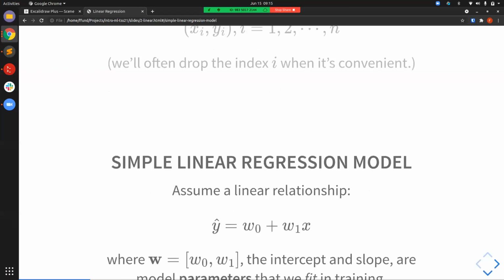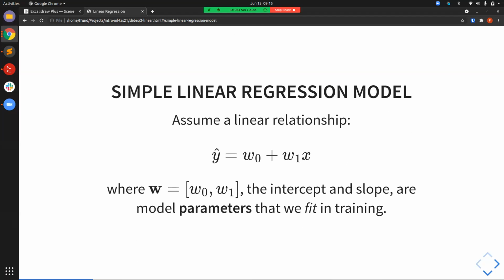Okay, and in our simple linear regression model, we're going to assume a linear relationship between the target variable and the feature. Previously, when we did prediction by mean, we just had a single scalar output for every y, we predicted W0. Now we're going to assume that there's a linear relationship between the target variable and the feature that's given as input, where we have W0 as an intercept and W1 as a slope in a linear model.